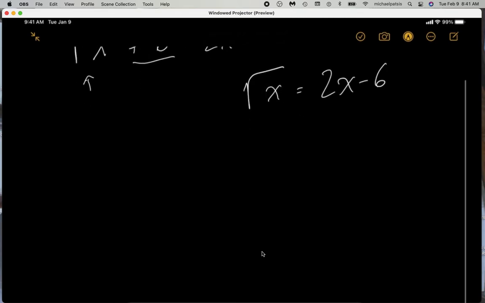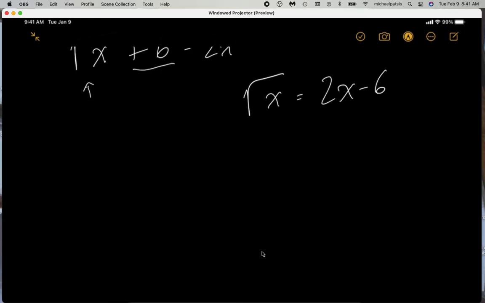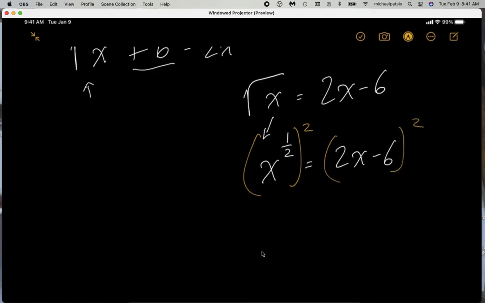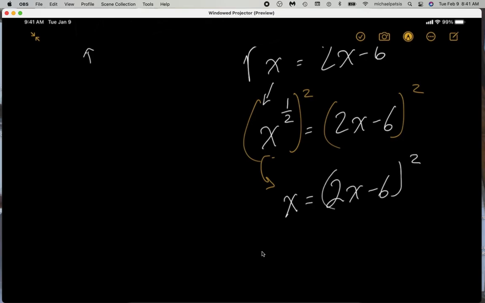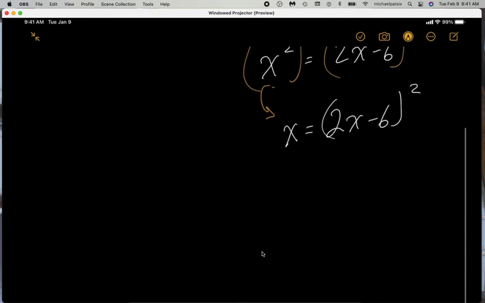Okay, so at this point, we square both sides. As we've learned, this is x to the 1/2 equals 2x minus 6. We raise both sides of the equation to the second power, like so. We apply the power rule here, and we get x equals 2x minus 6 squared. We go ahead and expand that.